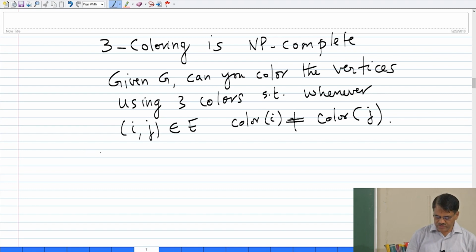And what we will do is we will reduce. So again, I am not proving that the problem is in NP. How do you show it is in NP?